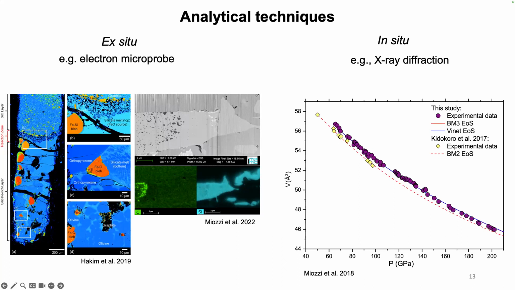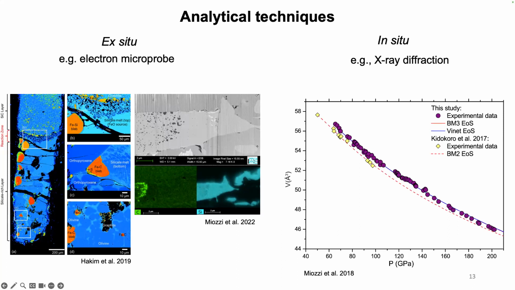And on the other hand, if we make in situ experiments, we are more looking at how atoms are organized, so the unit cell volume. And we have access to the properties, so the volume, for example, of a single mineralogical phase or multiple mineralogical phases in the entire pressure and temperature range we are considering.